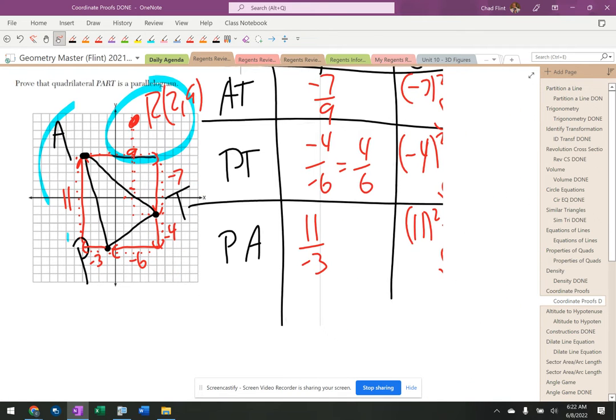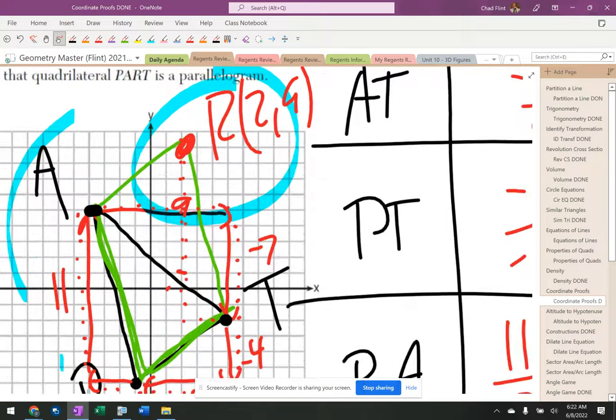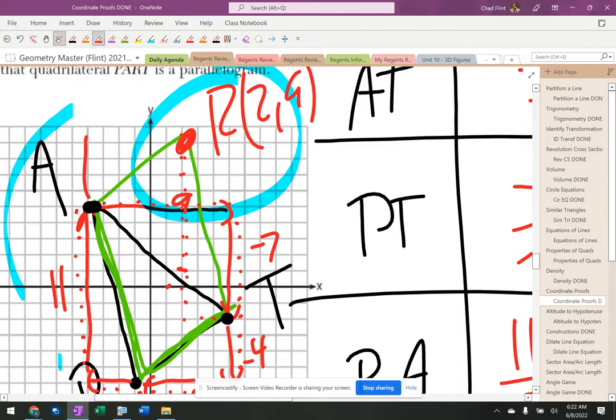All right, so now here's the issue. I've got two new sides, so I'm going to do the parallelogram in green. All right, so I already have the information for PT and PA, but I do not have the information for AR, and I also don't have it for RT.